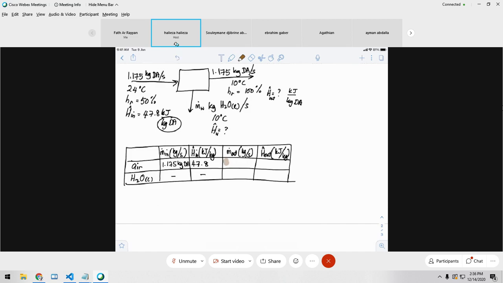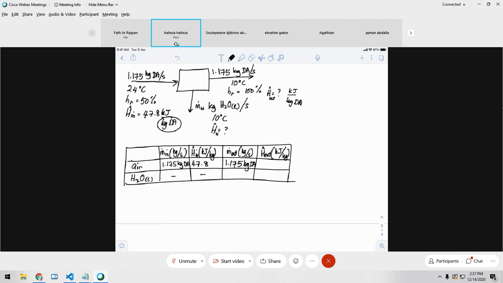The amount of dry air coming out is also the same, so kilogram dry air. The reason I'm writing this is that the actual coming out air should be humid, but we're writing it in terms of dry air because we want to cancel out the unit of the enthalpy. So now the enthalpy out.